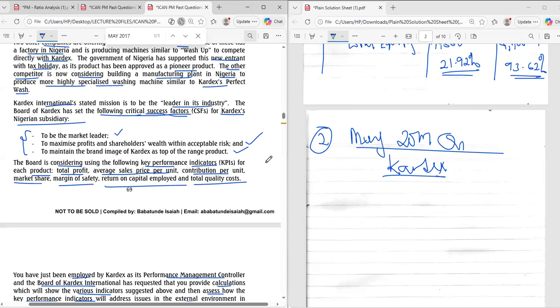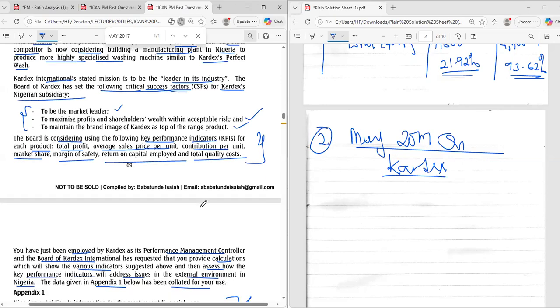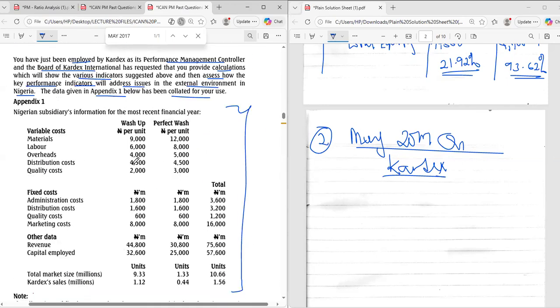So as I've said, these are the performance indicators here. Okay, we have the total profit, average sales price per unit, contribution per unit, market share, margin of safety, return on capital employed, and total quality cost. I'll give you the formulas for all of them. So what do we have here? They said, Nigeria subsidiary information for the most recent financial year. Material cost, labor cost, overhead, distribution, quality.